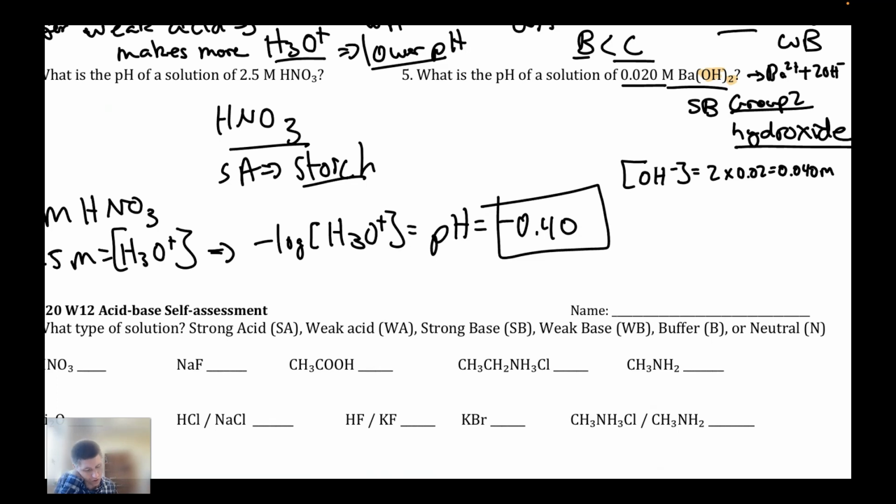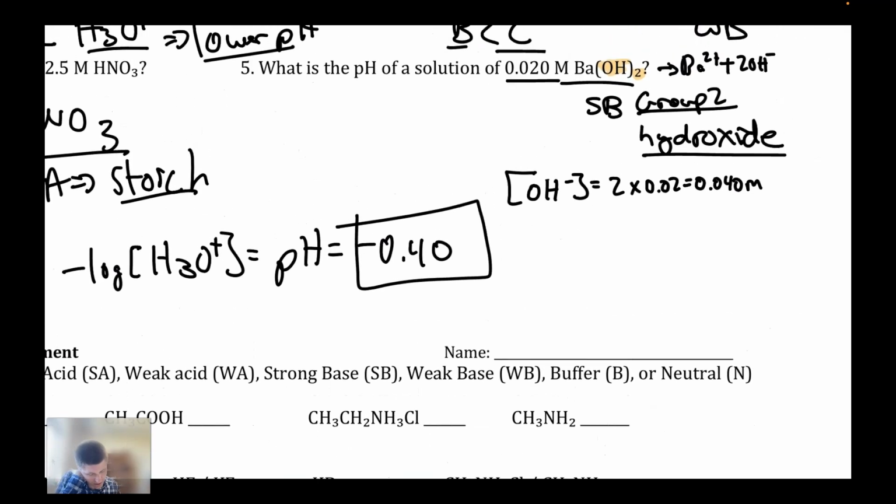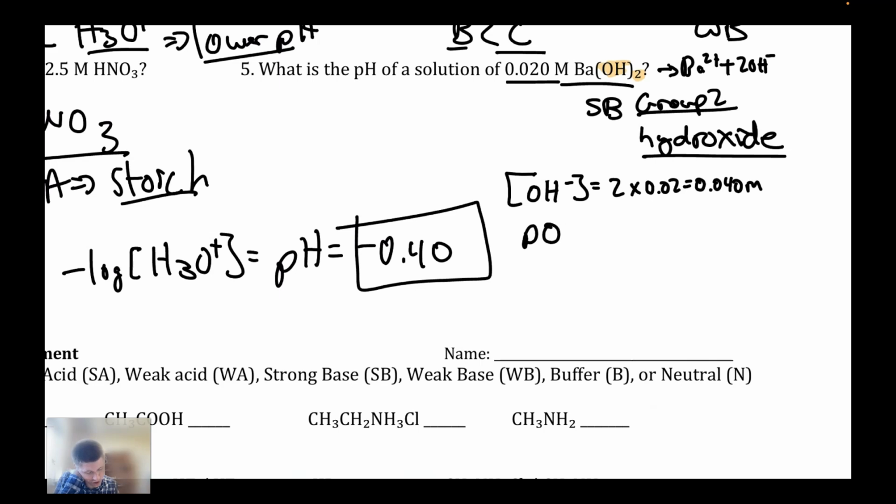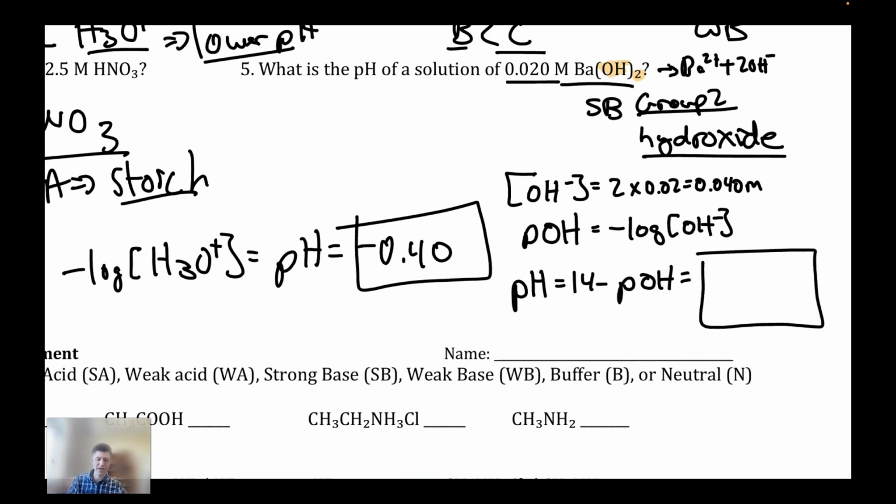And so now I can do my usual approach here. I like to do these by getting pOH first, so pOH is negative log OH-, and then pH is equal to 14 minus pOH from our equation sheet. When I do that, I get 1.4 here and 12.60 for my overall pH.